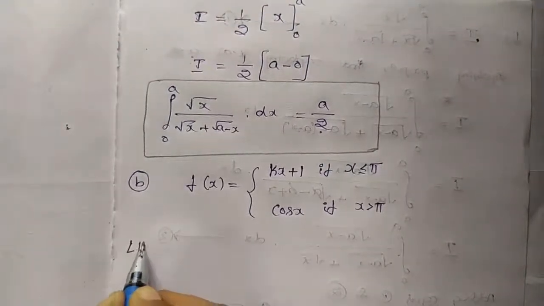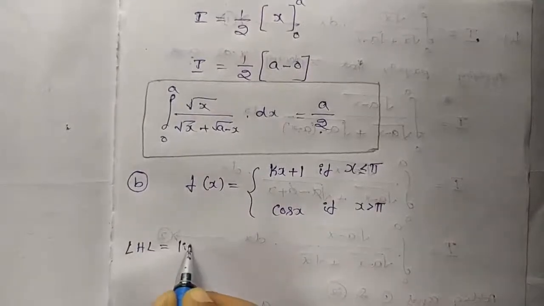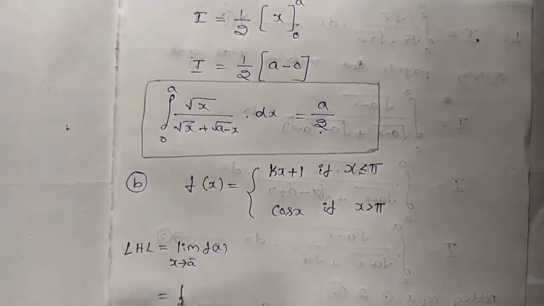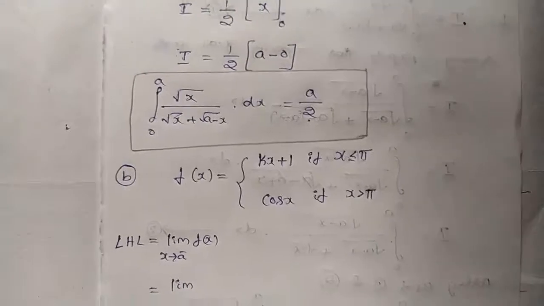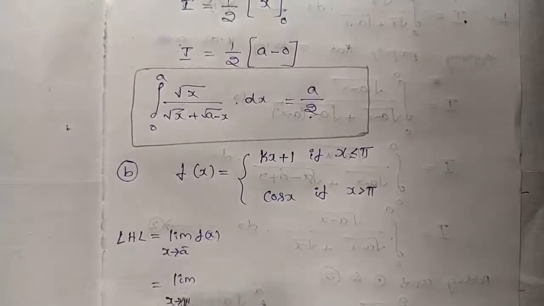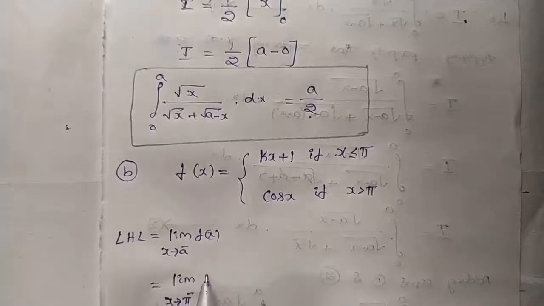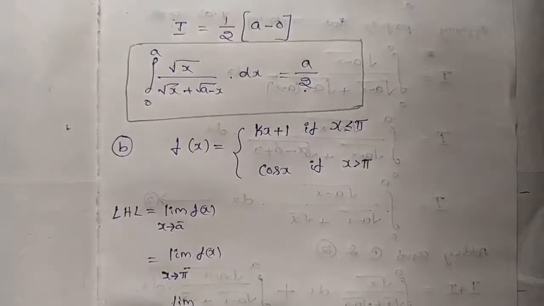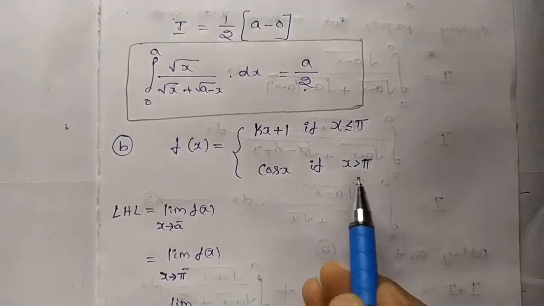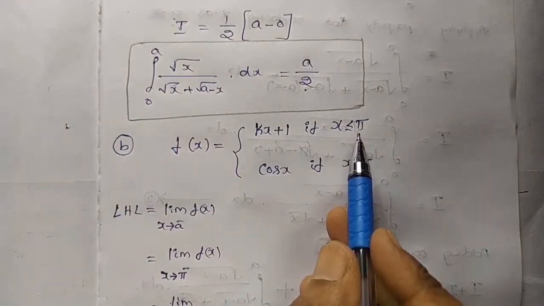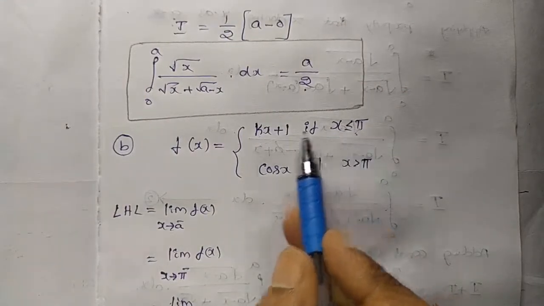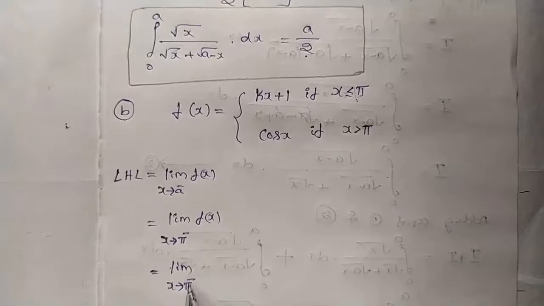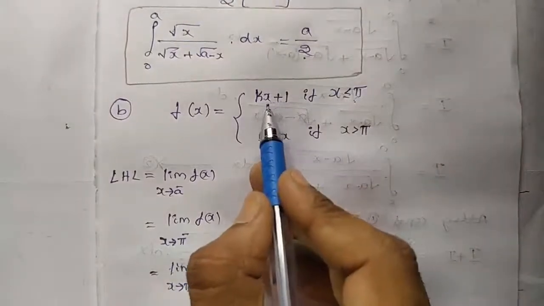Now take the limit, LHL, left hand limit. Limit x tends to a minus f of x, that is equals to limit x tends to a minus, which is x tends to pi minus f of x. So f of x, keep it as it is. Limit x tends to pi minus, where it will come, pi minus lesser of pi, it comes in kx plus 1.